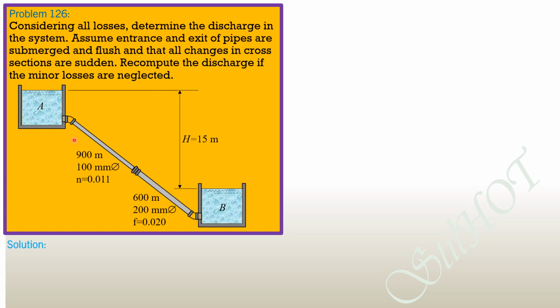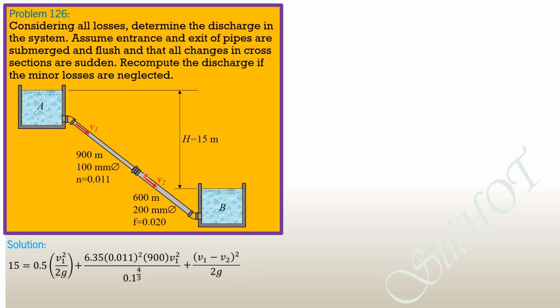So for the solution, by experience again, 15 is equated to the head loss: minor loss at the entrance, which is loss coefficient 0.5 times velocity head in pipe 1, we call this V1, and pipe 2, plus friction loss 6.35 n squared, 0.011 squared, length 900, then V1 squared over diameter 0.1 to the 4/3, plus sudden enlargement quantity V1 minus V2 squared all over 2g or 19.62, plus friction loss Darcy-Weisbach 0.02 times length 600 over diameter 0.2 times velocity head of 2, V2 squared over 2g.